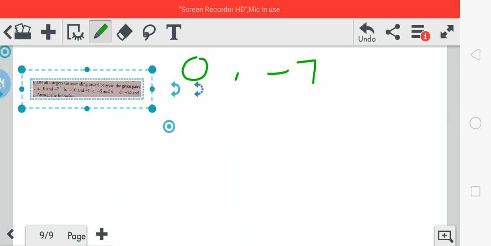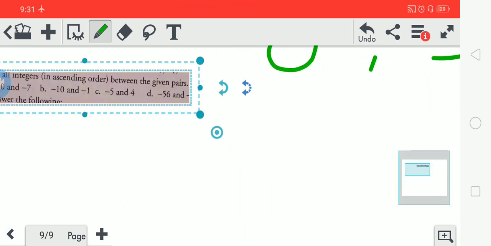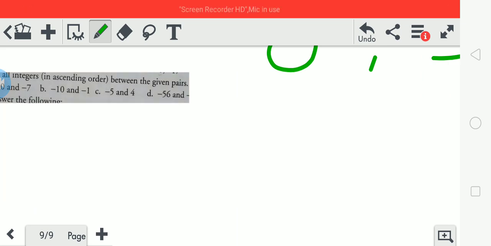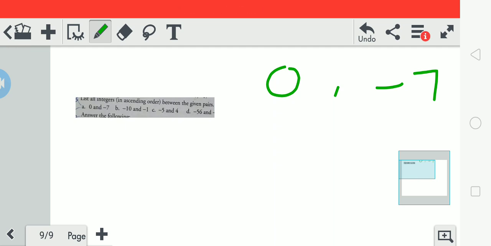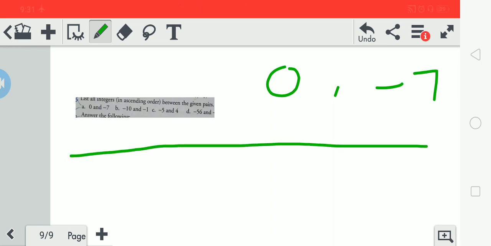Here is your question number 7. Nice. Question number 7 was, list all integers between the given pair. Whatever we have discussed now, it is the same question. Now the first number is 0 and the second is -7. So obviously you have to draw the negative number line.